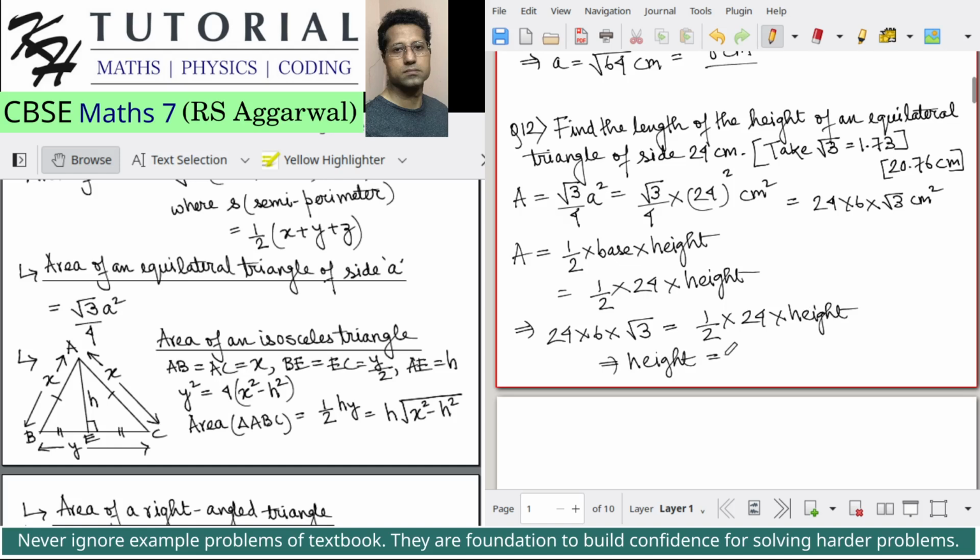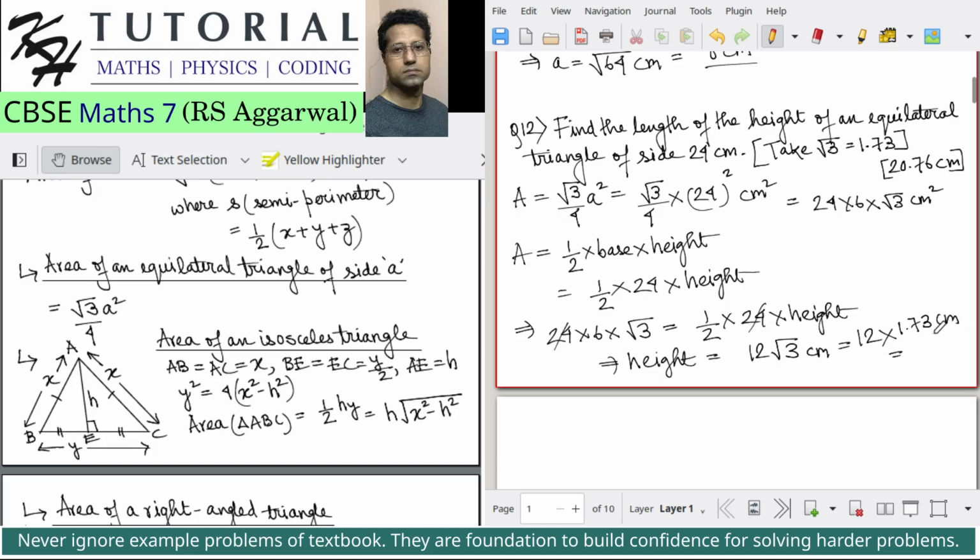Height will be equal to 12 root 3 centimeter, as 24 will cancel out from both the sides. This is equal to 12 multiplied by the value of square root of 3, which has been given to be 1.73. So this is 1.73 multiplied by 12 centimeter.